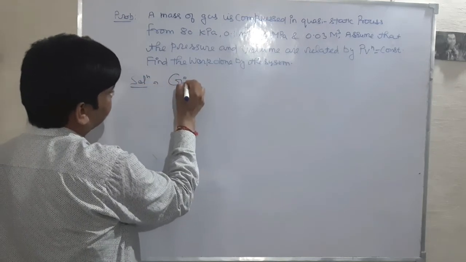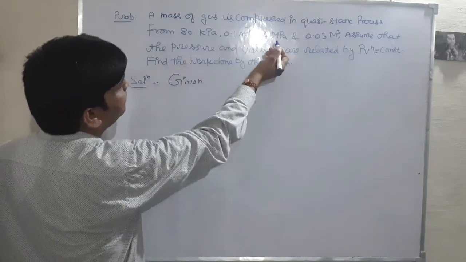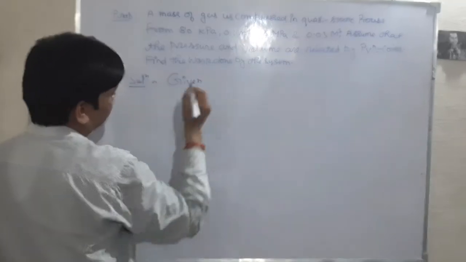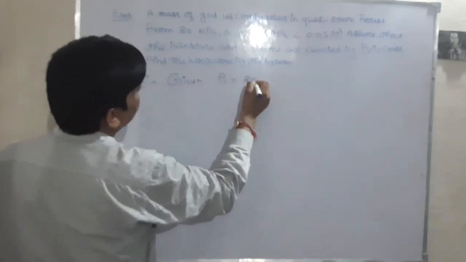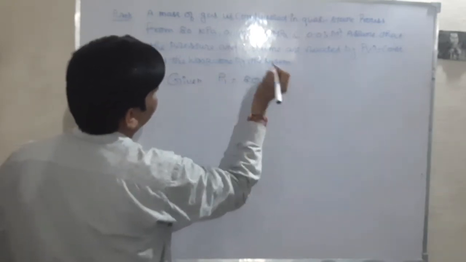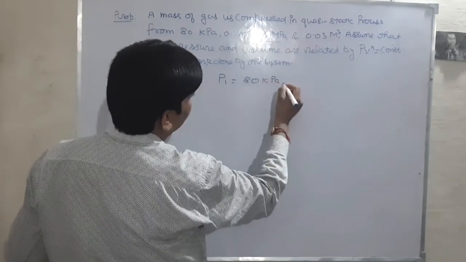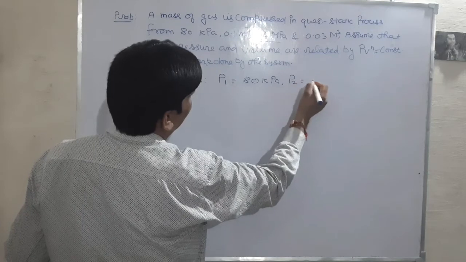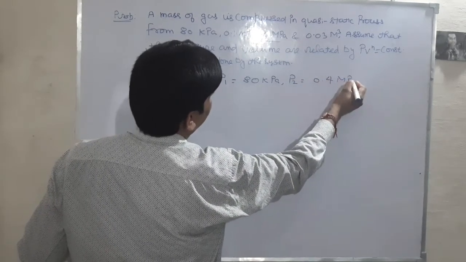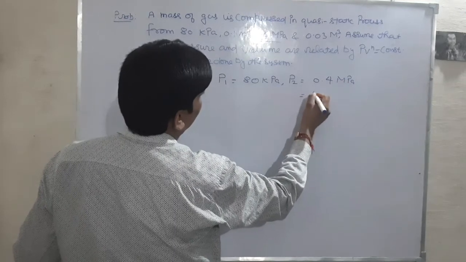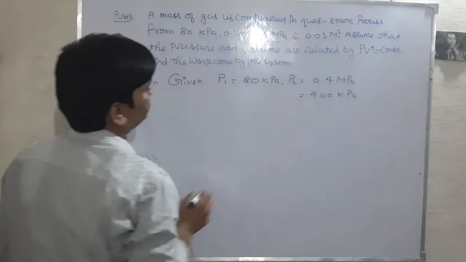Given: P1, P2, V1 and V2. P1 equal to 80 kPa, P2 equal to 0.4 MPa, that is equal to 400 kPa.